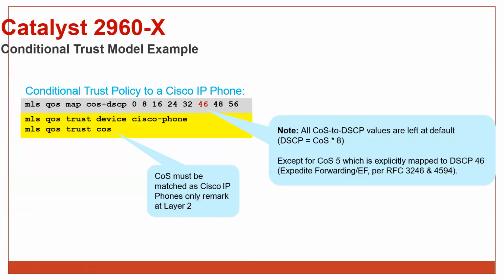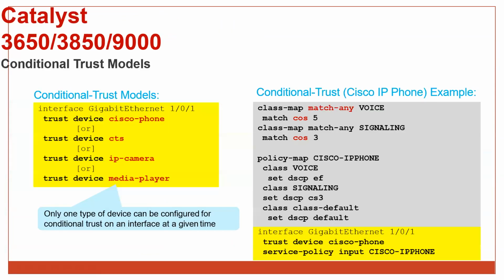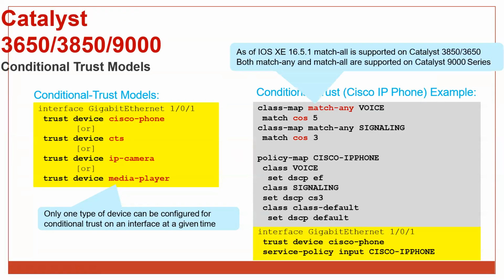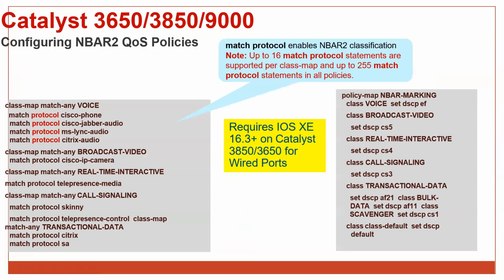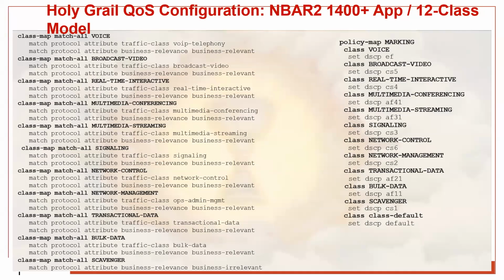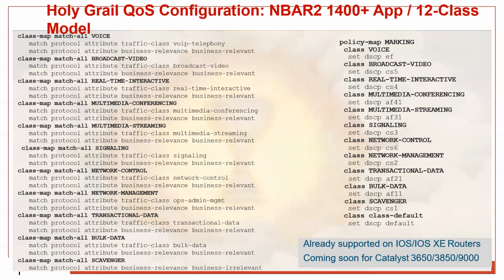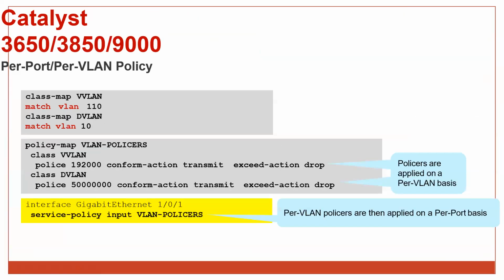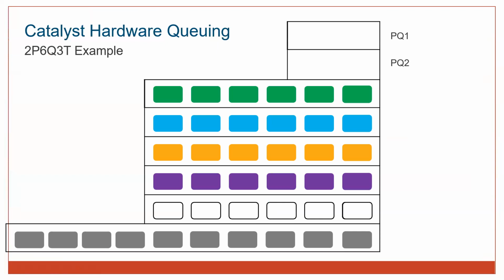In these slides, you will see all those queue designs. I mention here how many queues there are. This is a full-fledged configuration for NBAR, 1400 plus apps and the 12 class model. We'll come to this. Before going there, I just wanted to show you some examples.